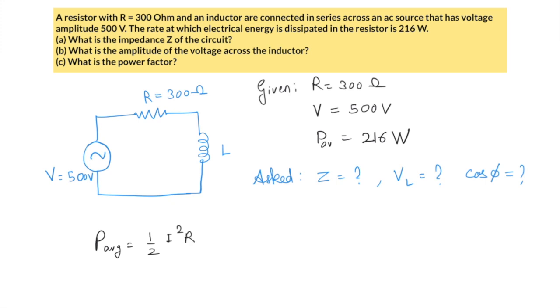Now you might wonder where this 1 by 2 term is coming from. Power is I square R, we know that, right? This I is the instantaneous value of current, where this instantaneous value of I is actually dependent upon sine.